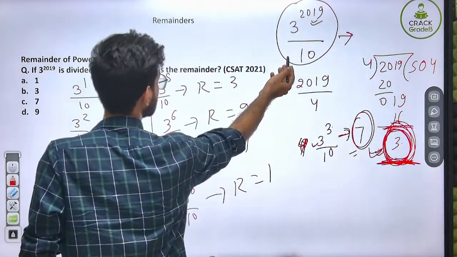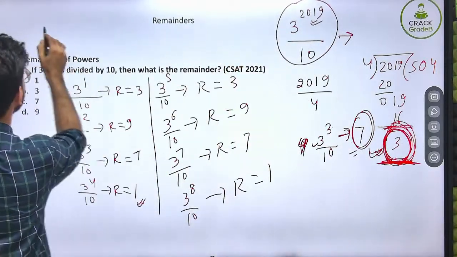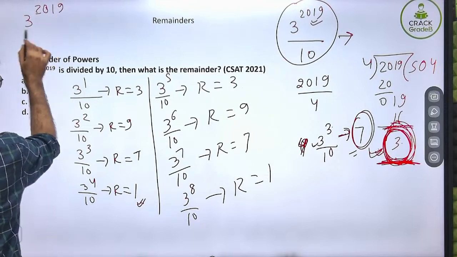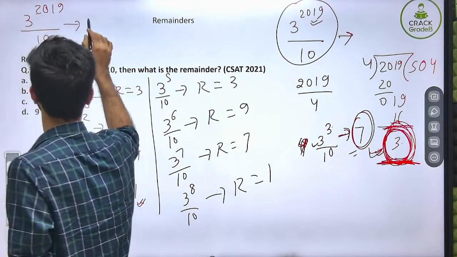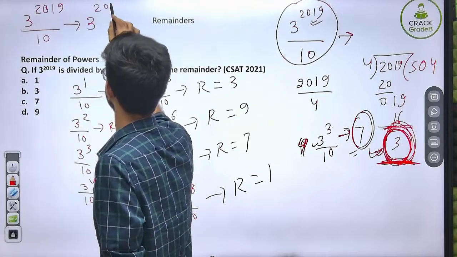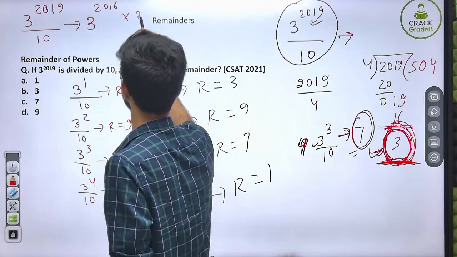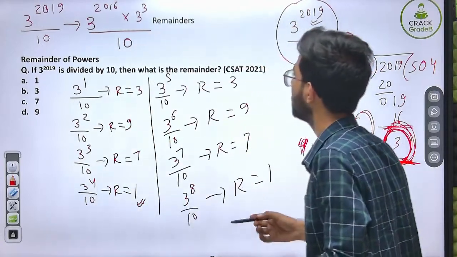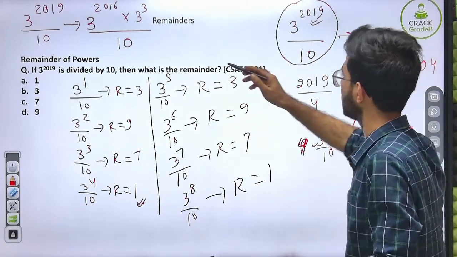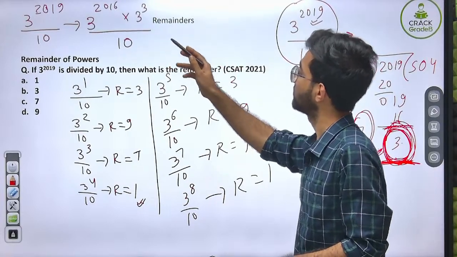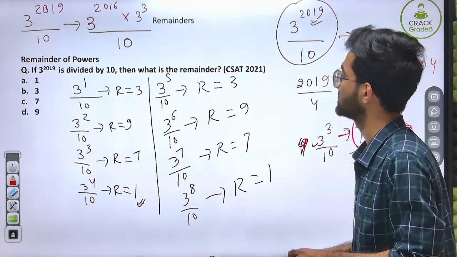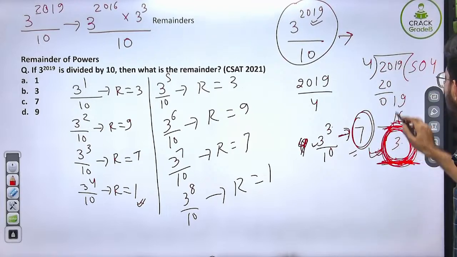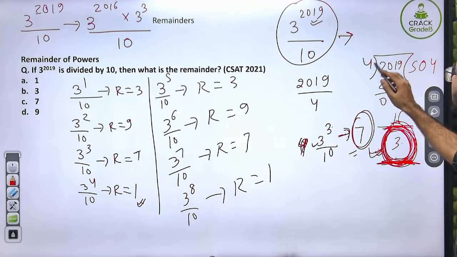I am explaining in a different way. See, 3 to the power 2019 by 10. You can write it as 3 to the power 2016 into 3 to the power 3 divided by 10. Why have we written it in the form of 3 to the power 2016 into 3 to the power 3? See, you got remainder 3 when you divided 2019 by 4.